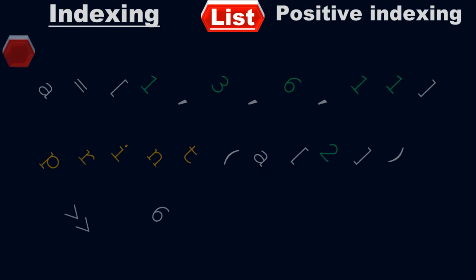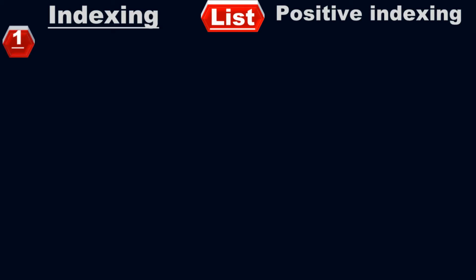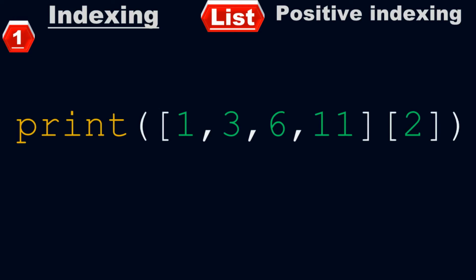Let me check the second method, where you can directly put print of 1, 3, 6, 11 of 2, which will also return the same value 6. It's just a slightly different way to get the same answer. This time I took directly the print function, print of 1, 3, 6, 11, and then of 2. What is 2? 2 is the index value. From here up to here is the list, and this is the index value.